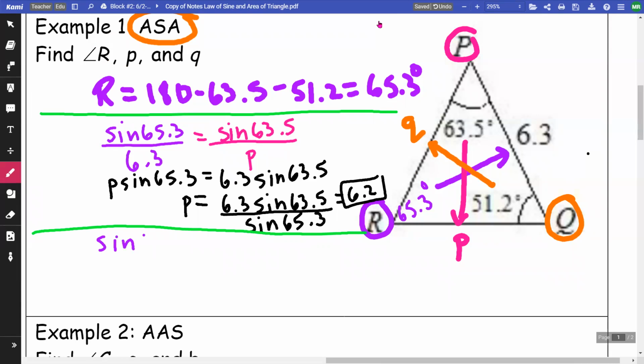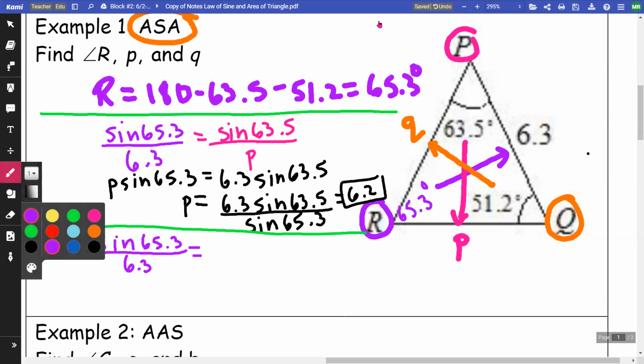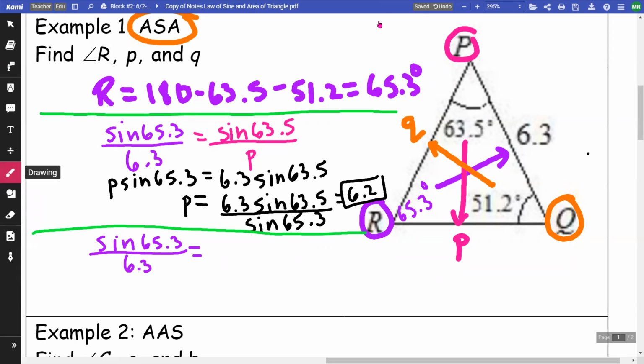I knew the sine of 65.3 over 6.3 is equal to, and now I'm going to do my orange. So I'm going to take sine of 51.2, which is angle Q, over the side opposite it, which is little q. Cross multiply and solve.